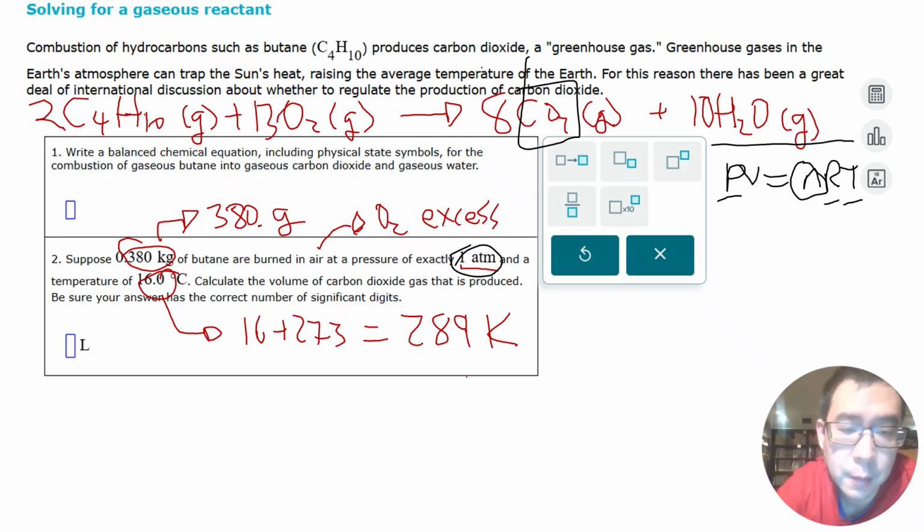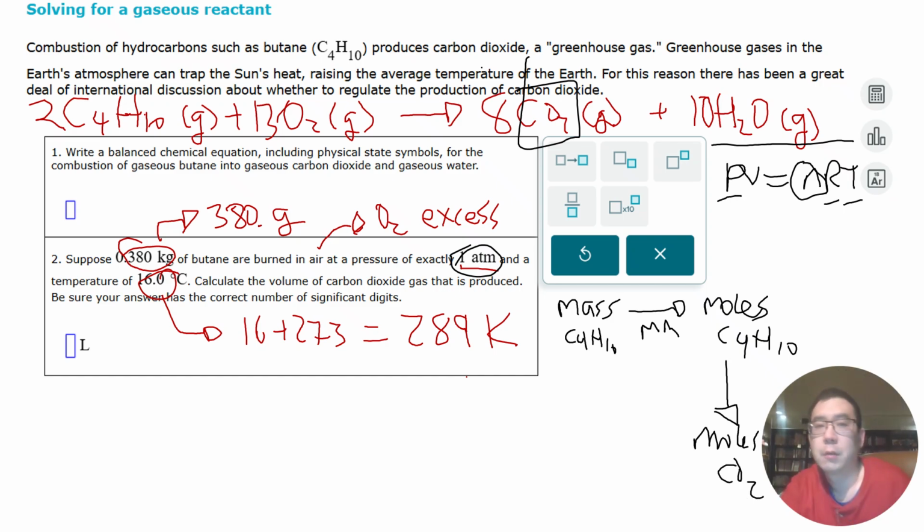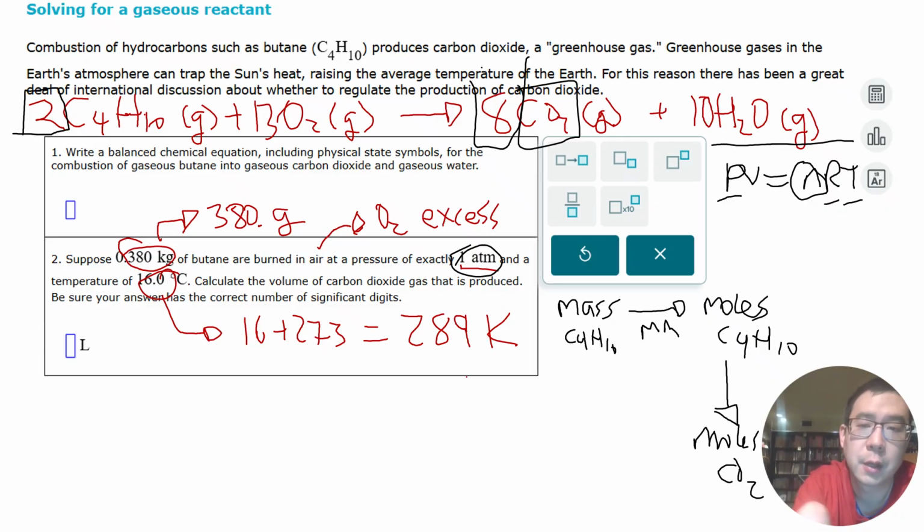I have mass of butane, mass C4H10. I'm going to go to moles of C4H10, using the molar mass of butane. And then I'm going to go to moles of CO2 using the coefficient ratio. 2 C4H10 and 8 CO2.